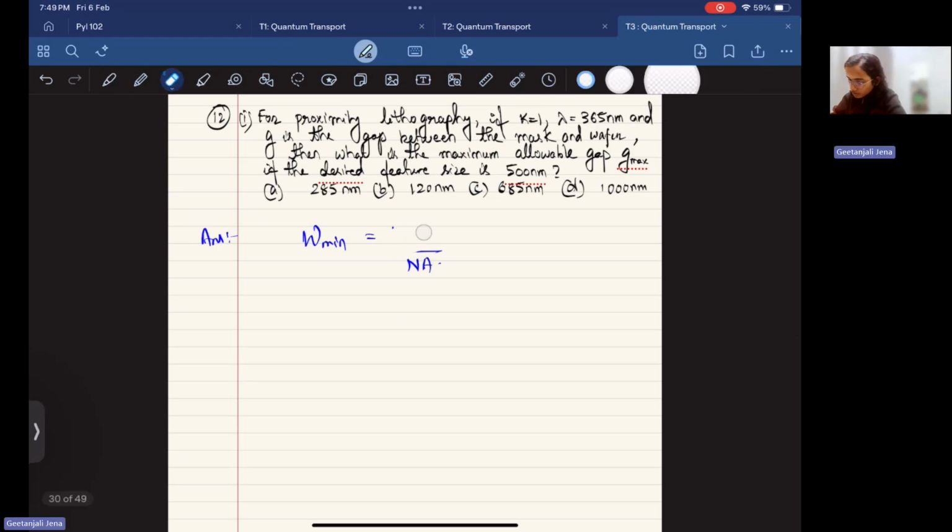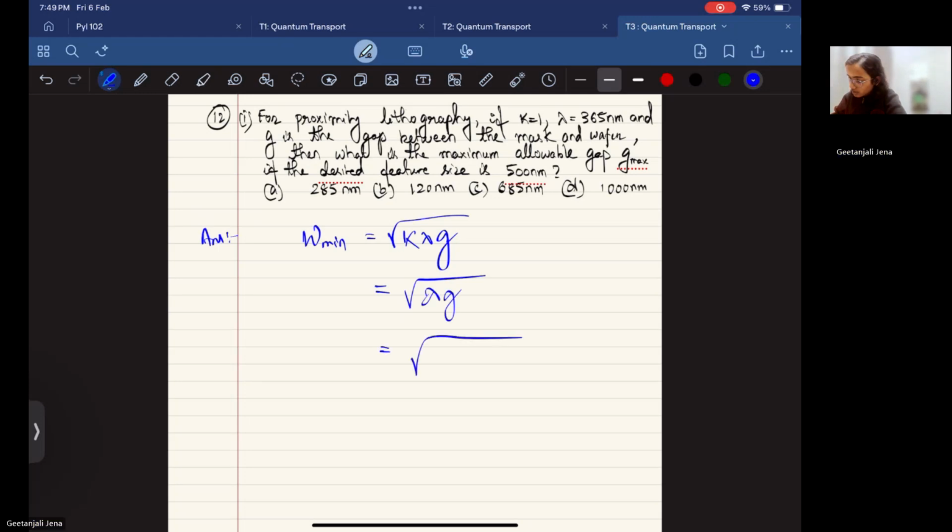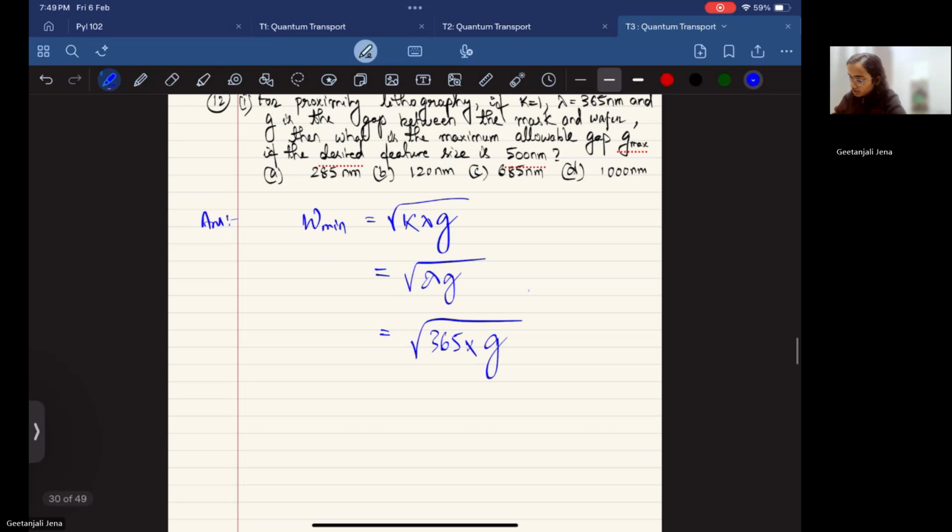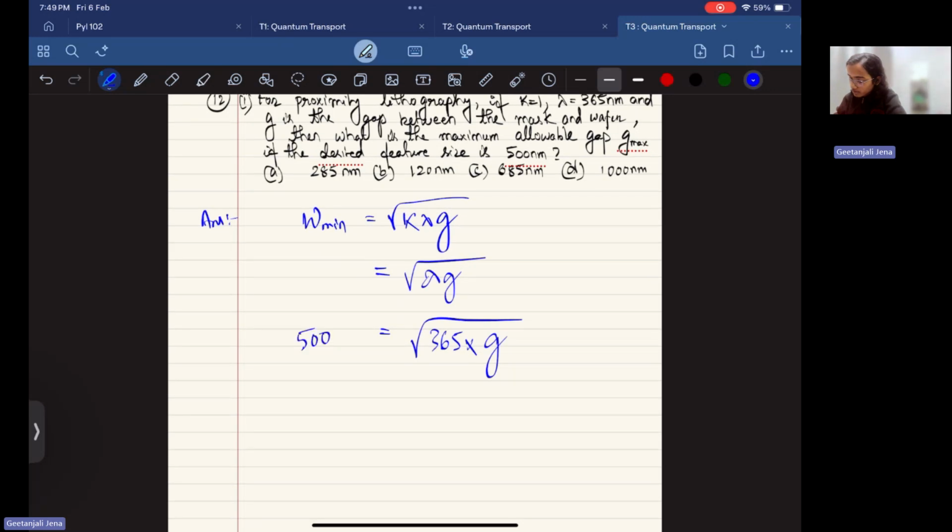Sorry, this is for proximity, right? For proximity, we have W minimum equals K times the square root of lambda G. K is 1, so this is the square root of lambda G. Lambda is 365, and G is not given, but W minimum is given, it is 500. So G will be 500 squared by 365. So this will give a value of 685 nanometer. Option C.